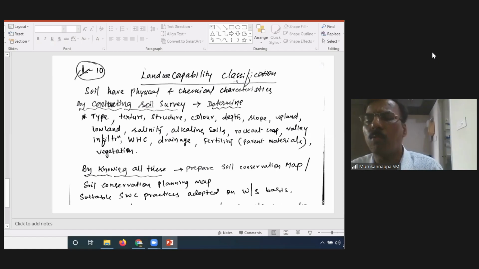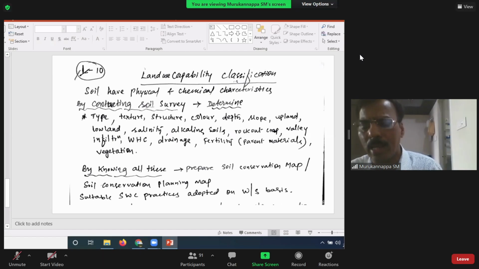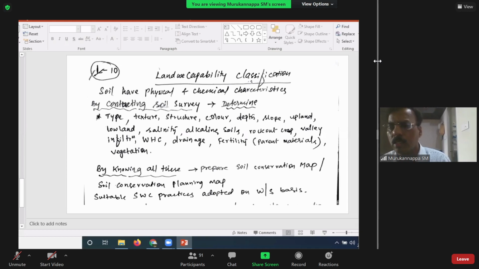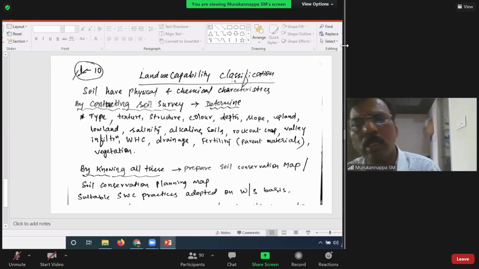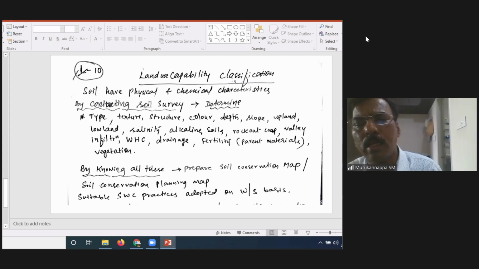Take an example: 1 lakh hectares of land is there. That watershed comprises 1 lakh hectares, and it is not uniform land. It has all varied conditions of the things I have mentioned here.